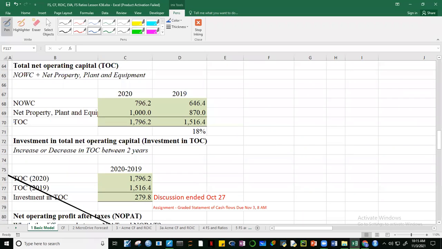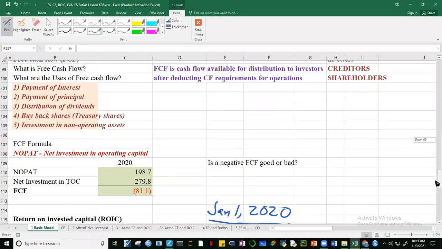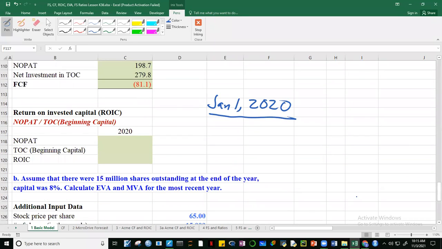Row 70, TOC for 2019 is 1516.4. So at the beginning of 2020, management was provided with this amount of operating capital. Of course, these are in millions, so management was provided with 1,516.4.